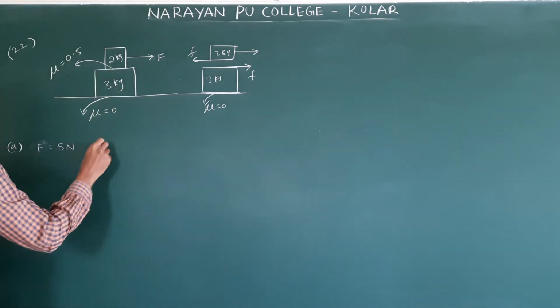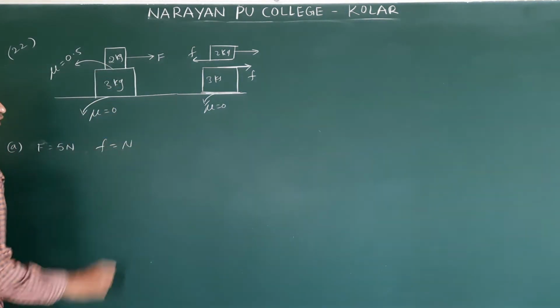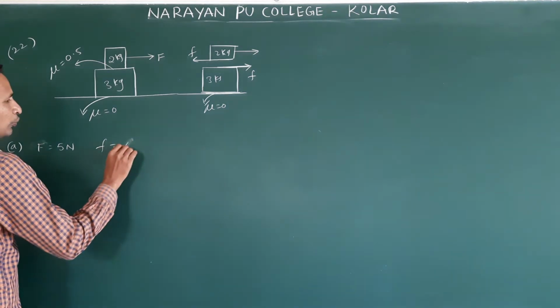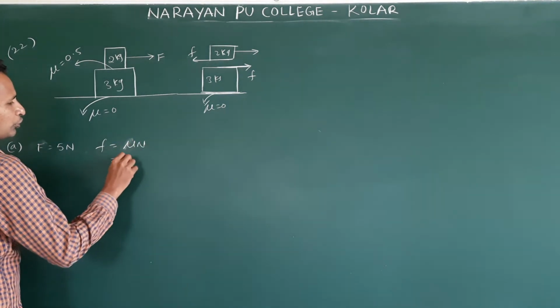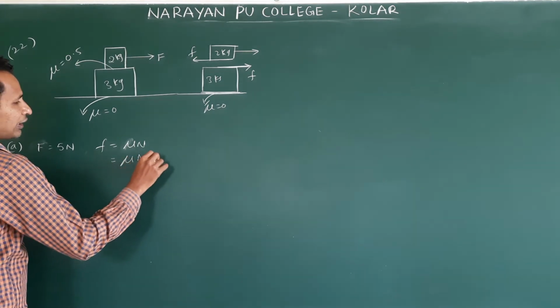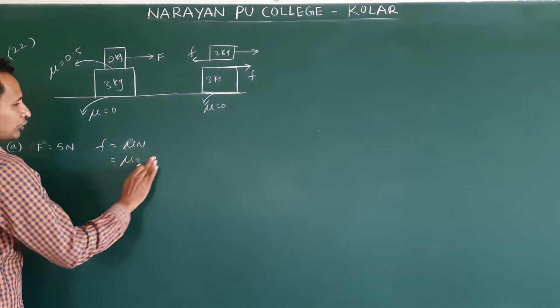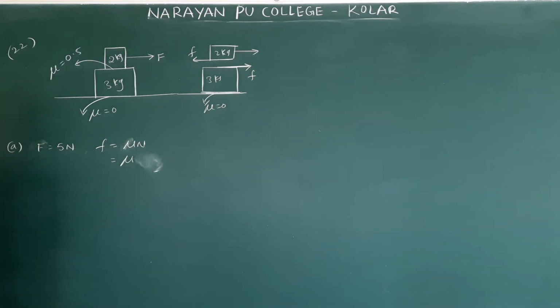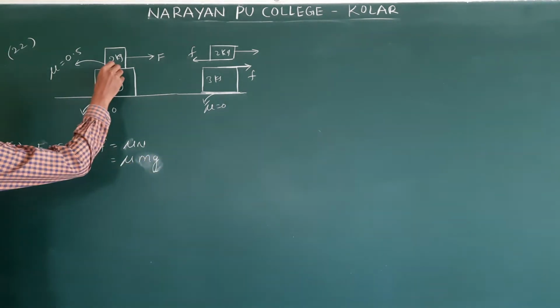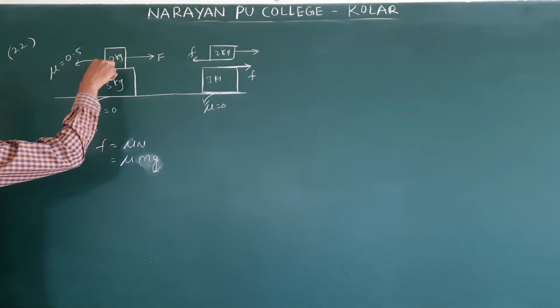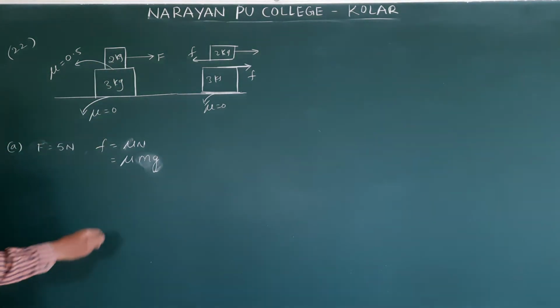Now, find the friction between the 2 and 3 kg. F is equal to mu into N, right? So this is equal to mu into mg. This normal reaction acts towards down.